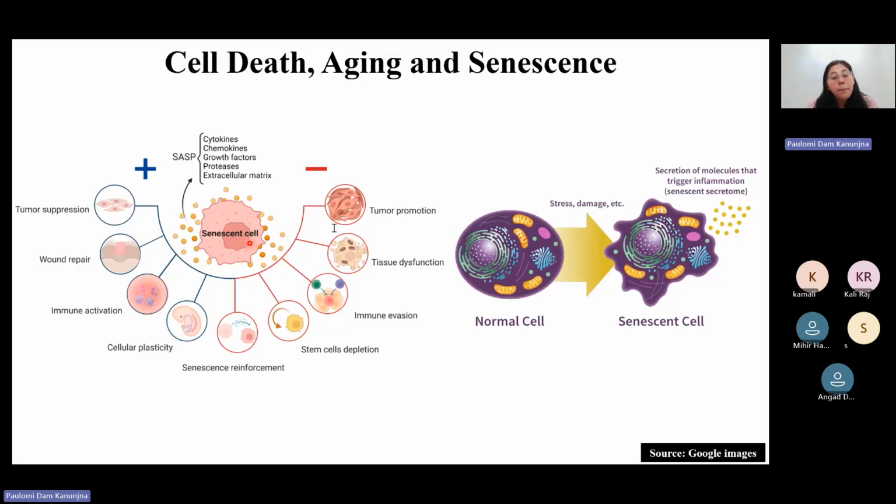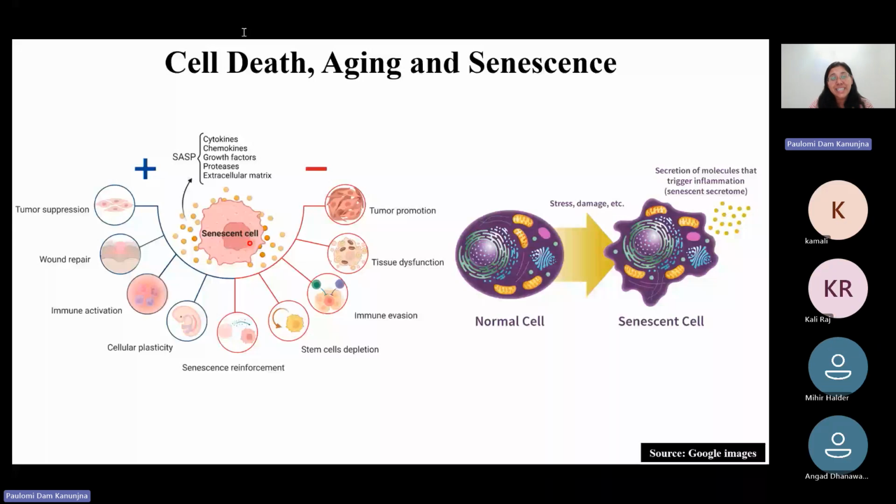The proper way to define cell death is to say it is a regulated biological process essential for development, tissue homeostasis, and disease prevention. The key phrase here is regulated biological process. You have several checkpoints, several regulation points at which the cell detects activity, and if it is not matching the required qualities, there is cell death.